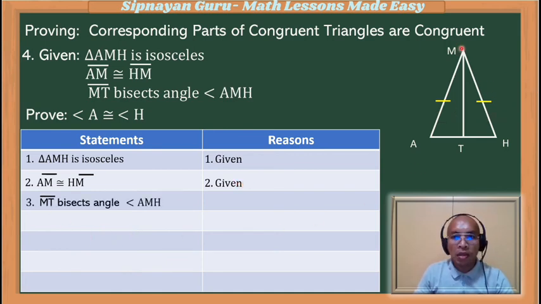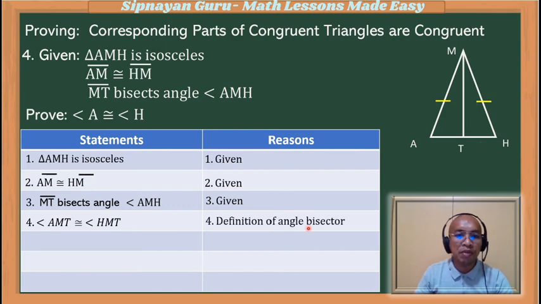Third statement, this segment bisects this angle AMH. Since this segment bisects or divides this angle into two equal parts, we can say that angle AMT, this angle, is congruent to angle HMT by definition of angle bisector.